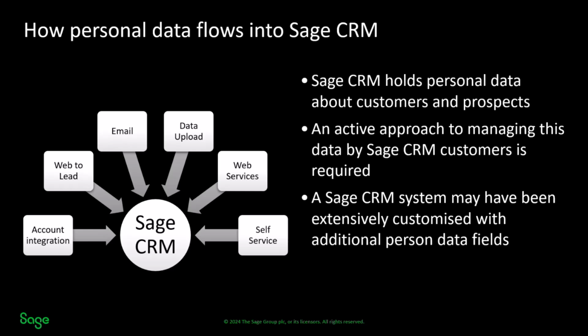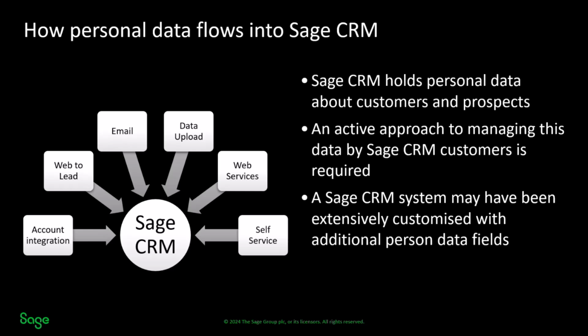So there are all sorts of ways in which we can have data flow into Sage CRM, including this idea of integration with an account system and having suddenly hundreds of contacts flowing from the account system into Sage CRM as data is synchronized. Sage holds this personal data about customers and prospects.